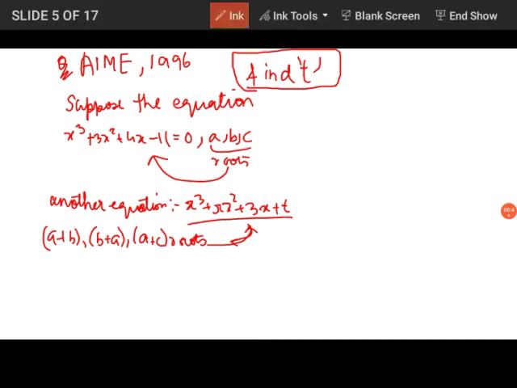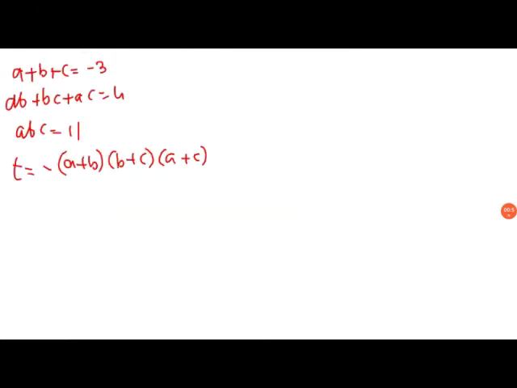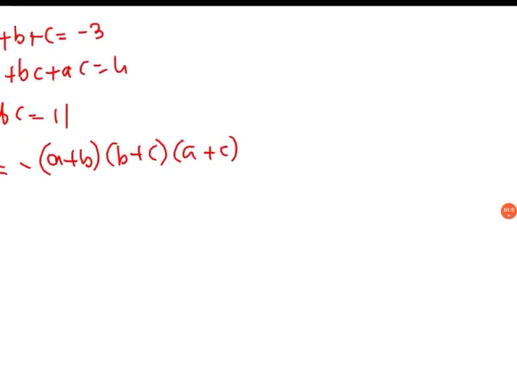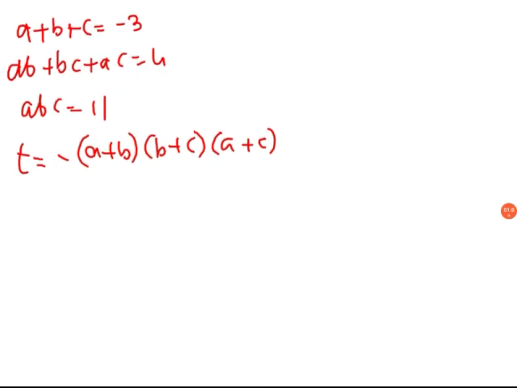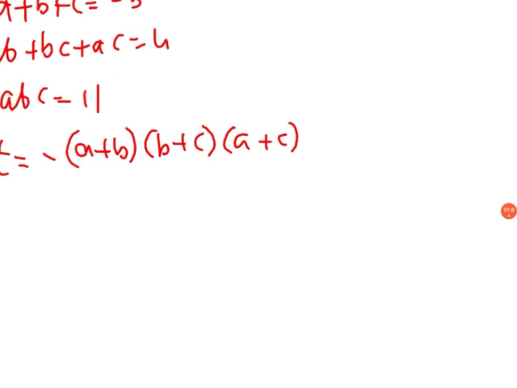This was our equation. So we know that the product of the roots of a cubic polynomial is minus d upon a. So here d is t and a is 1, so minus this one is our answer of t, the expression of t.